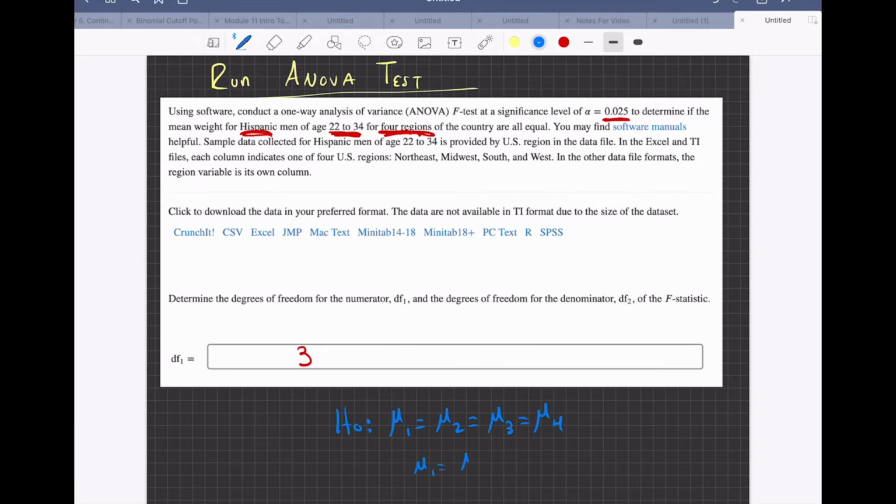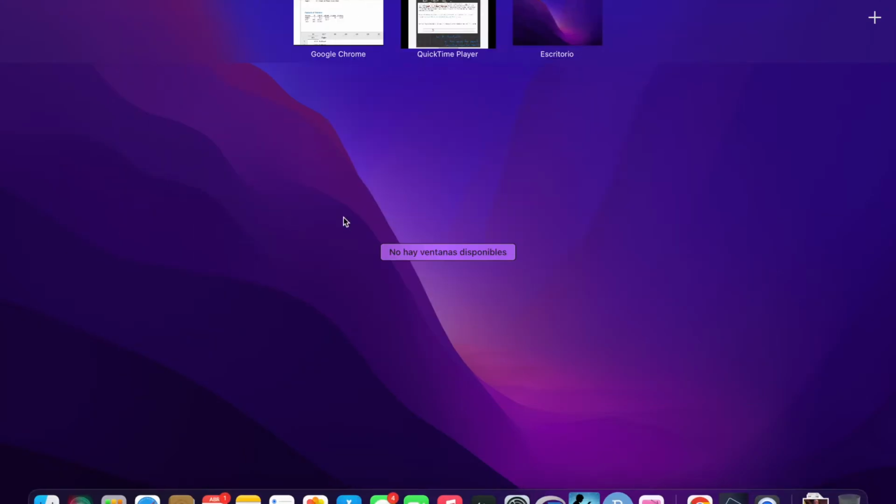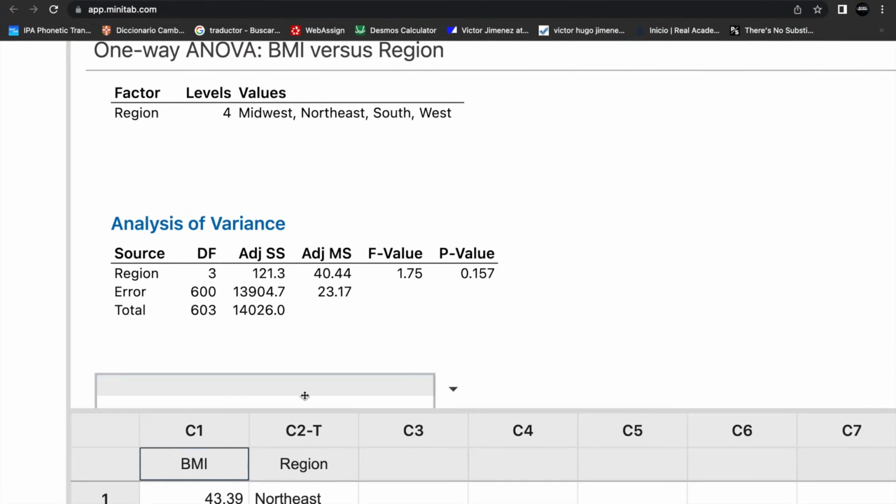Mu1 is the mean weight from region 1, and so on. Mu4 is the mean weight from region 4. What are the regions, by the way? I think the regions are given here in Minitab.